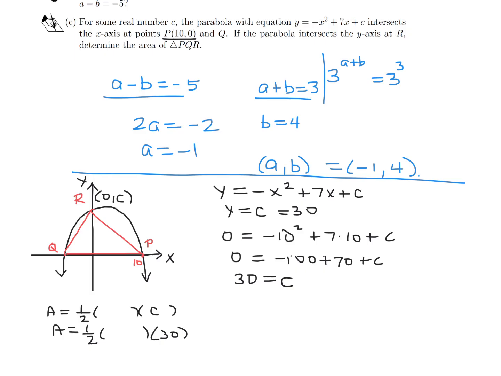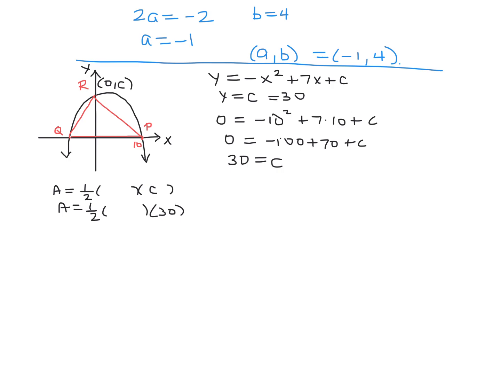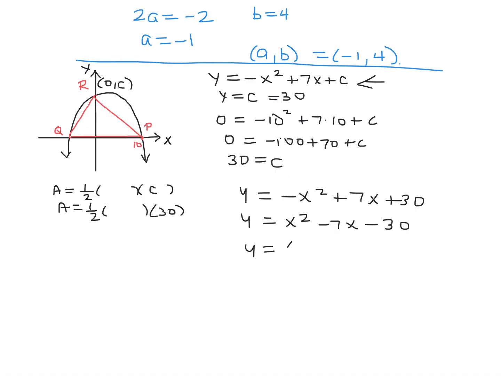And how do I do that? I can just substitute it back in. So we have minus x squared plus 7x plus 30, and then I can just factor this if it's factorable, unless I have to use a terrible quadratic here. Let me get rid of that minus: x squared minus 7x minus 30. Let's see if that's factorable. 10 times 3 would do it, I think. (x minus 10)(x plus 3).